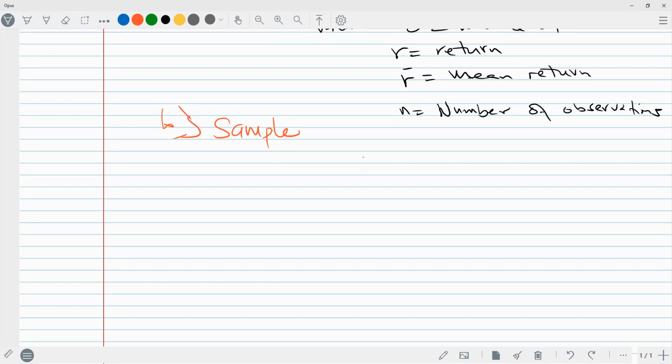If that's the case, what happens? The variance of the sample, sigma squared, will be equal to the sum of deviation squared over n minus 1.